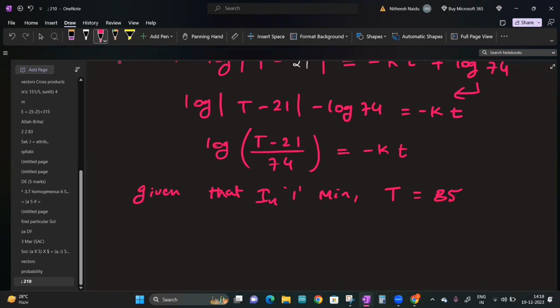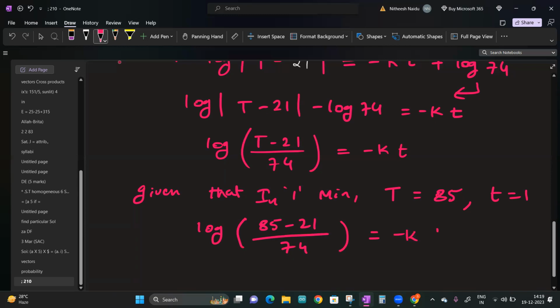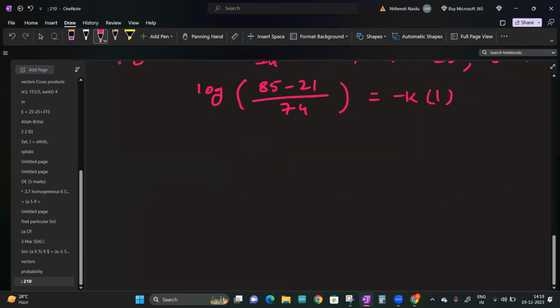So now I am substituting these values: small t will be 1 and capital T will be 85. Write down: (85 minus 21) divided by 74 is equal to minus k into t value 1. So we got the k value.